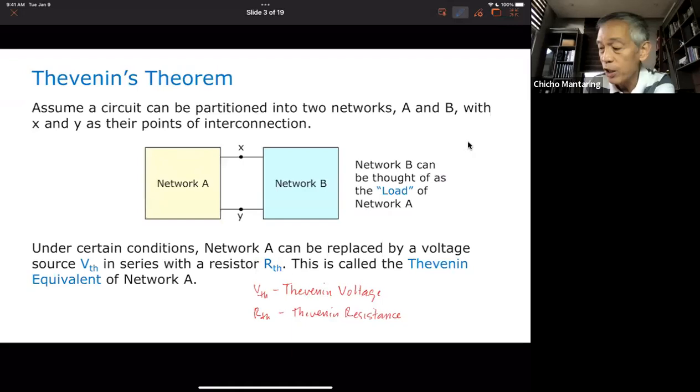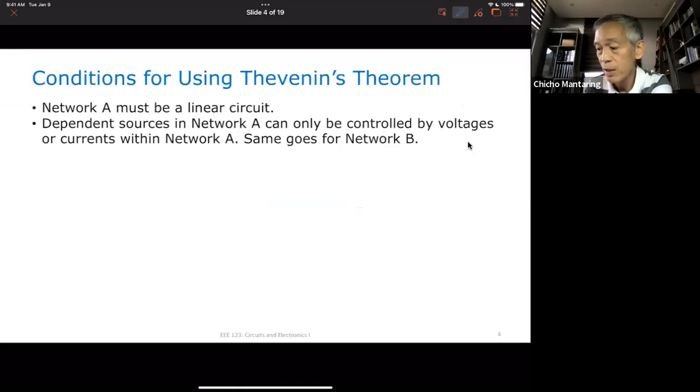Okay, what are these conditions? First of all, network A must be a linear circuit. In your future courses, you're going to be told a more formal definition of a linear circuit. But for now, let me just present you with a very simplified definition.